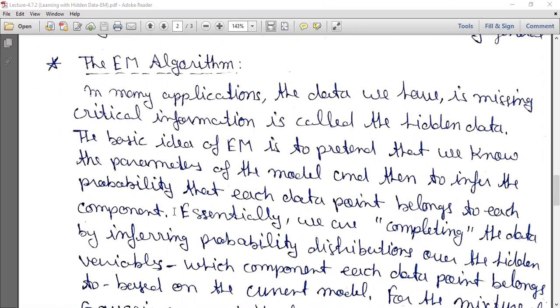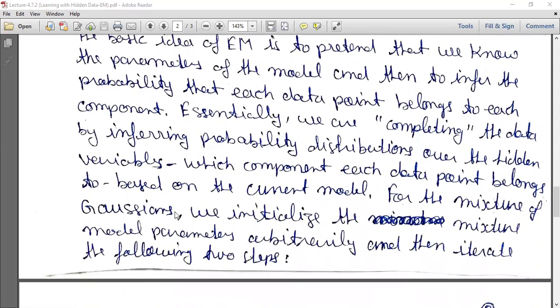The basic idea of EM is to pretend that we know the parameters of the model and then to infer the probability that each data point belongs to each component. Essentially, we are completing the data by inferring a probability distribution over the hidden variables, that is, which component each data point belongs to based on the current model.